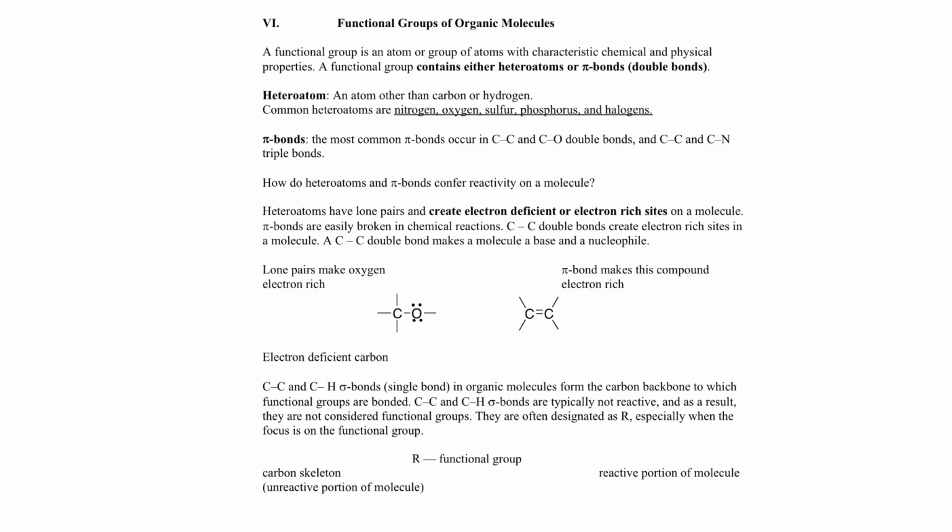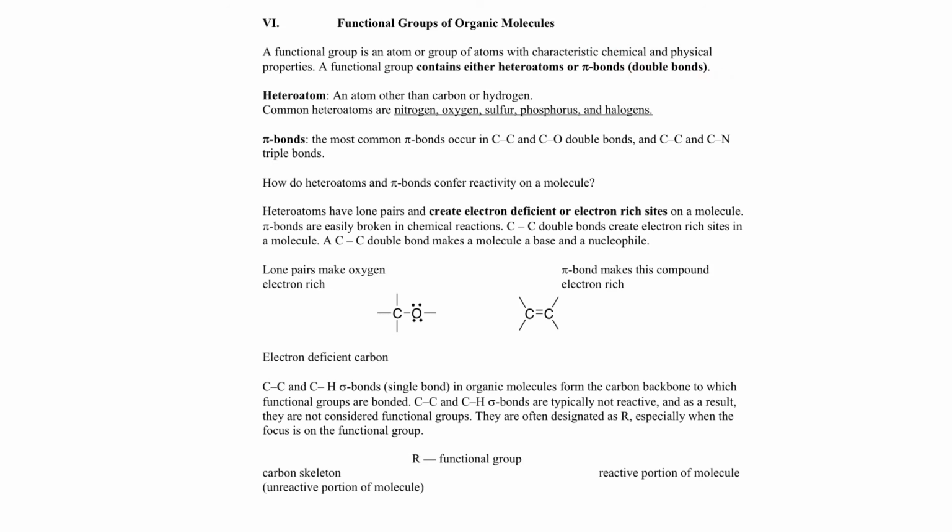In organic chemistry, we care a lot about this idea, or rather entity, known as functional groups. A functional group is an atom, or usually group of atoms, with characteristics that are chemically and physically unique. So a functional group will always contain either heteroatoms or pi bonds, which are also known as double bonds.